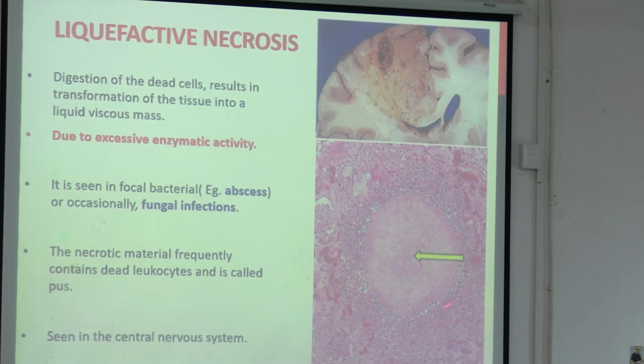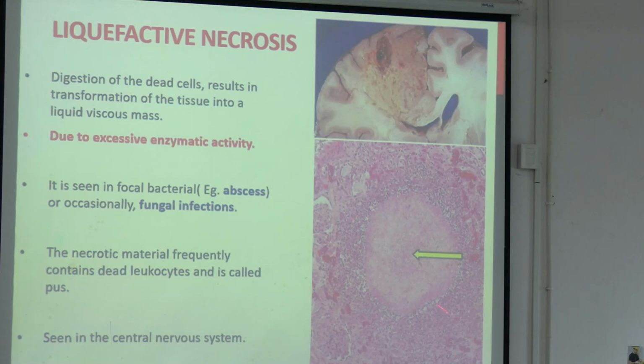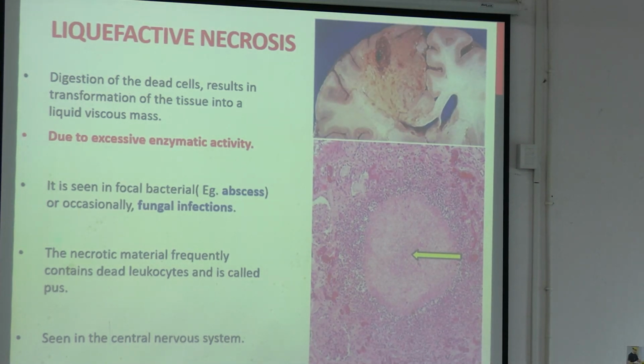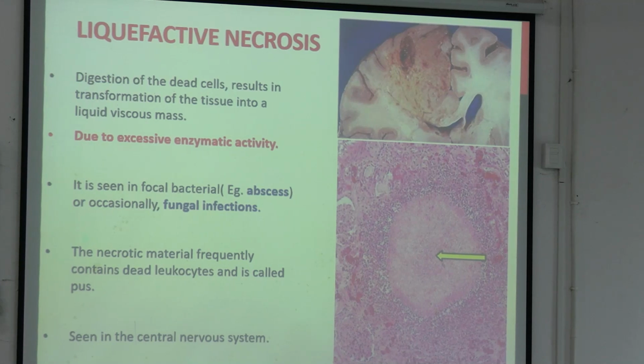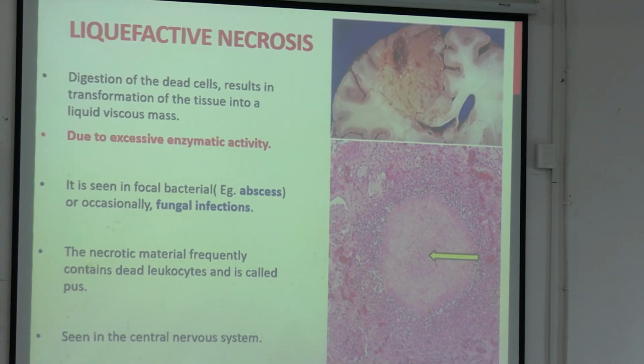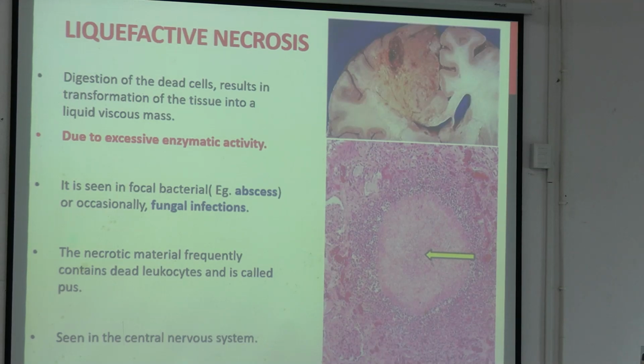Surrounding the pus there will be so many acute inflammatory cells. Acute inflammation is going along with that condition, and so many inflammatory cells are gathered within the area of pus formation. So this is liquefactive necrosis, the second most important type of necrosis.